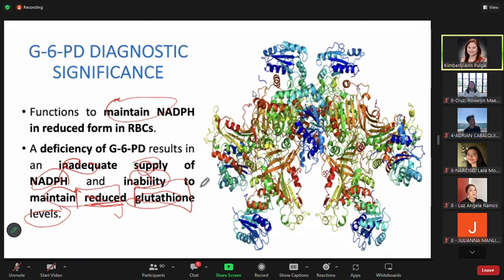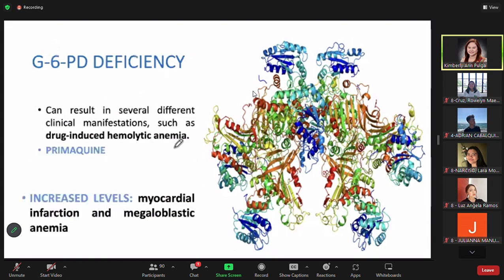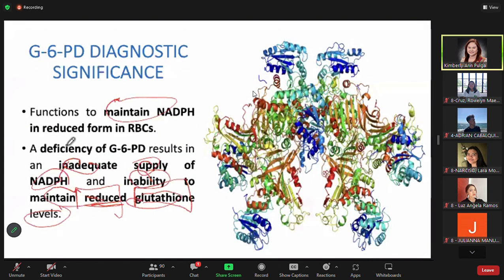When an erythrocyte is exposed to an oxidizing agent, hemolysis can occur, because oxidation of hemoglobin and damage to the cell membrane can happen. So when we are exposed to different oxidants, it could lead to hemolysis. Reduced glutathione will protect the hemoglobin in particular from oxidation by agents that may be present in the cell.